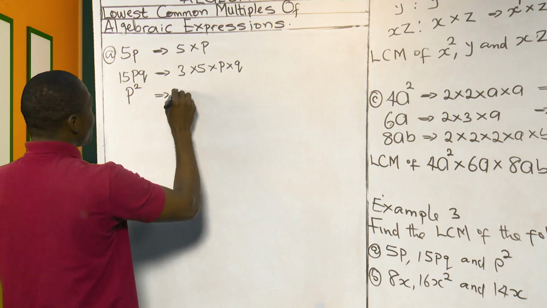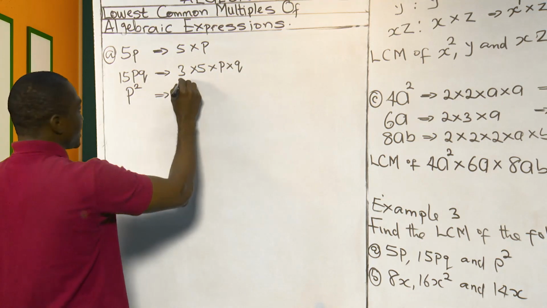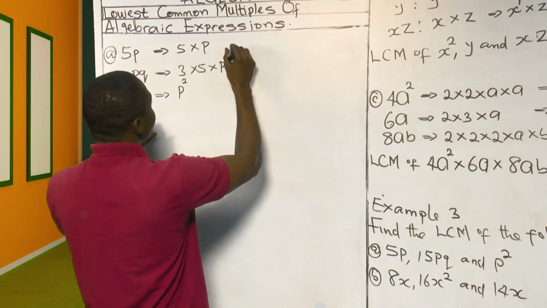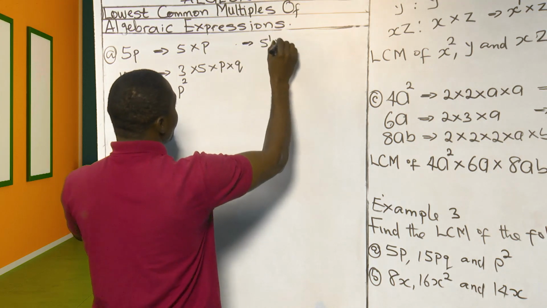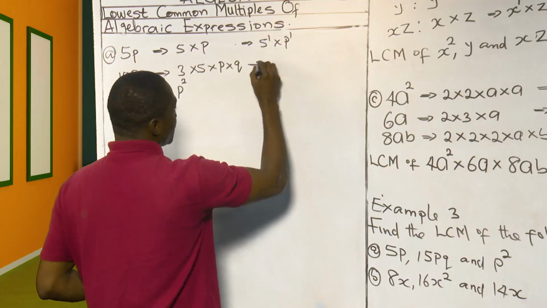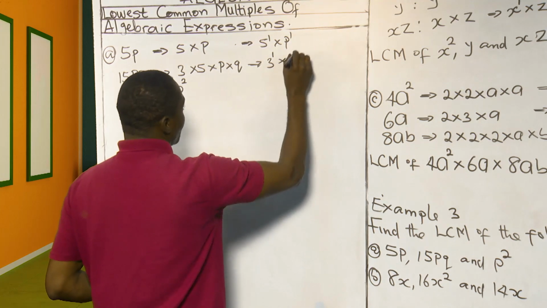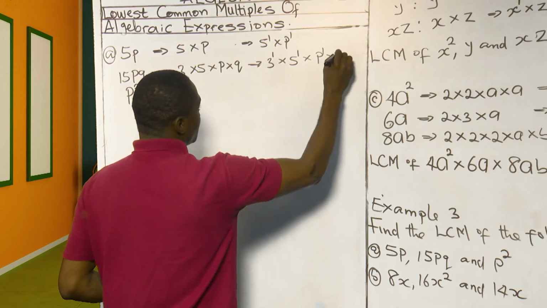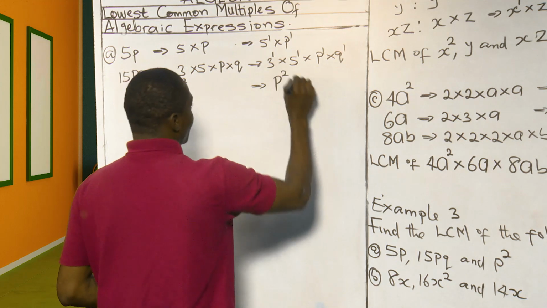And p squared, let me just write it as that. This will be 5 raised to power 1 multiplied by p raised to power 1. This will give us 3 raised to power 1 multiplied by 5 raised to power 1 multiplied by p raised to power 1 multiplied by q raised to power 1. And this is still the same p squared.